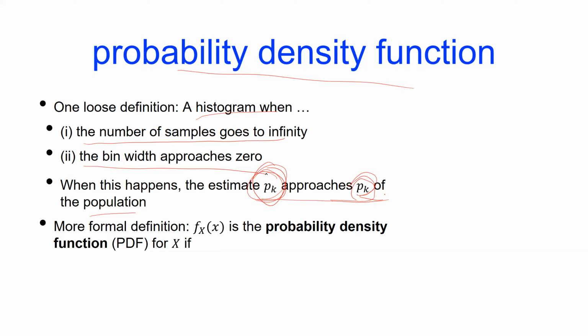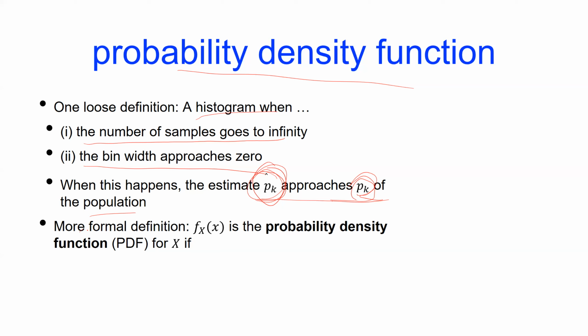I think this concept we discussed in the last lecture. However, if we are able to make our sample size as large as possible and make our bin width as small as possible, approaching 0, then we get a very good approximation of this underlying distribution.